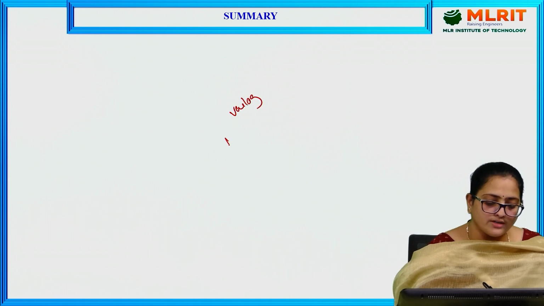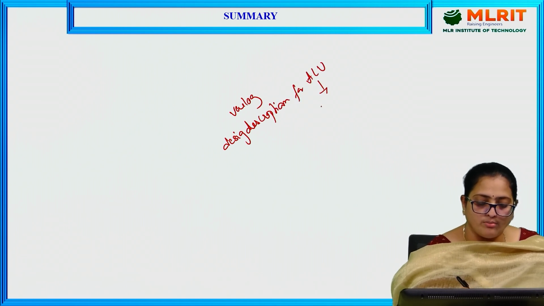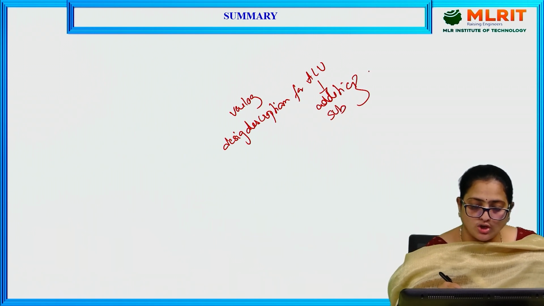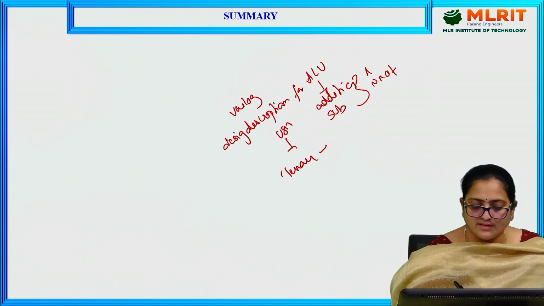In this video, we have learned how to write a Verilog design description for an ALU, performing addition and subtraction with the logical operations of OR and NOT using a ternary operator, or you can say the conditional operator.